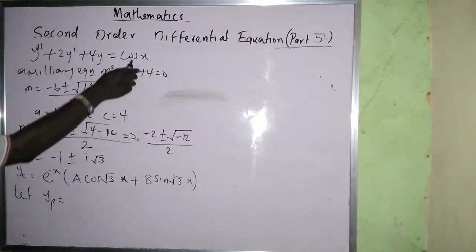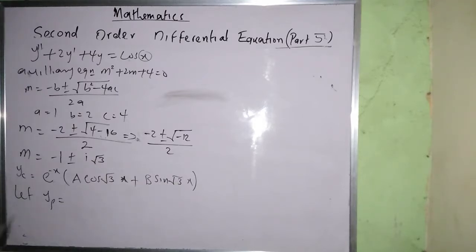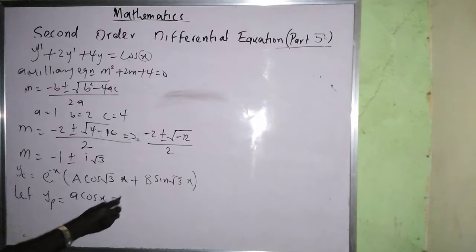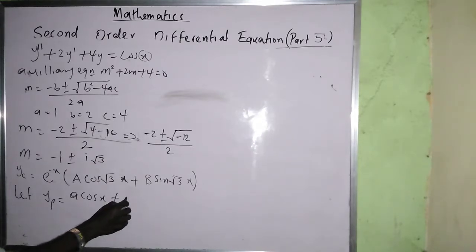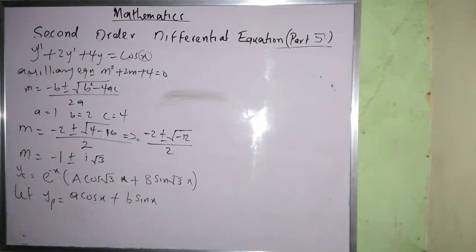There isn't any x here, so no problem. Since it's not among the complementary terms, there won't be any problem. It means my y particular will now be A cos x plus B sine x.